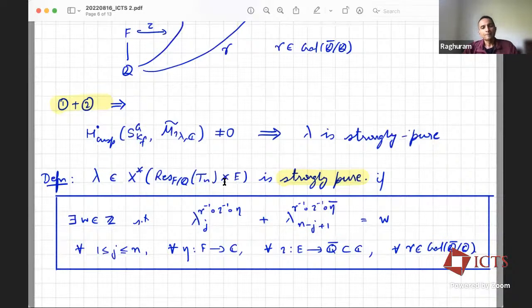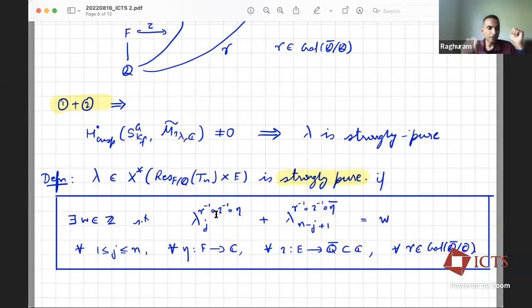cross E is strongly pure if, this is a handful of notation here, the j and the n minus j plus 1, that is one weight, and the other weight, the dual weight, the η and η bar, one embedding and the conjugate embedding, and the ι and the γ vary over all possible elements. So not only should ιλ be pure for one embedding ι, but for every embedding ι, ιλ should be pure.